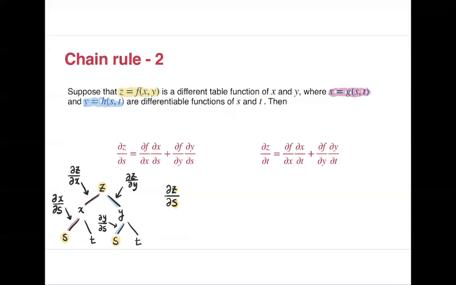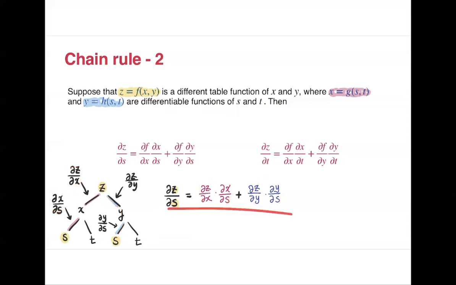Okay. So ∂z/∂s is, for the red path, ∂z/∂x times ∂x/∂s, plus another path, ∂z/∂y times ∂y/∂s. So this one is the red path and this one is the blue path.